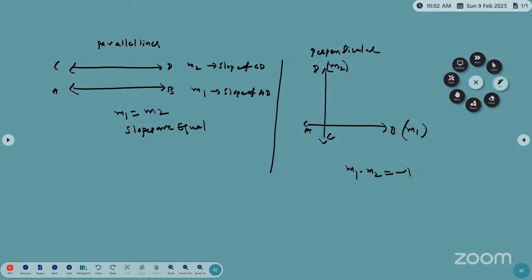If you multiply these two slopes, how much will you get? -1. When two lines are parallel, their slopes are equal. When two lines are perpendicular, the product of the two slopes equals -1. Remember that, right? Geometry is very easy.